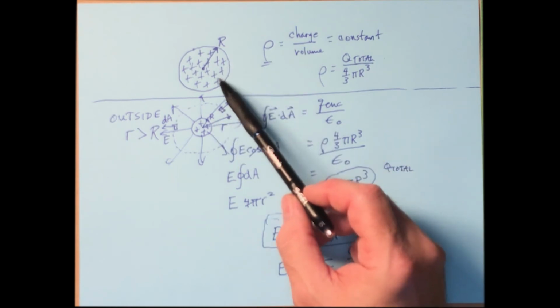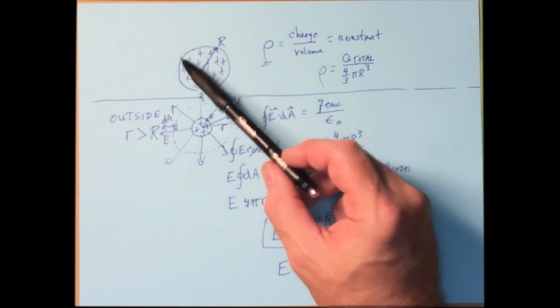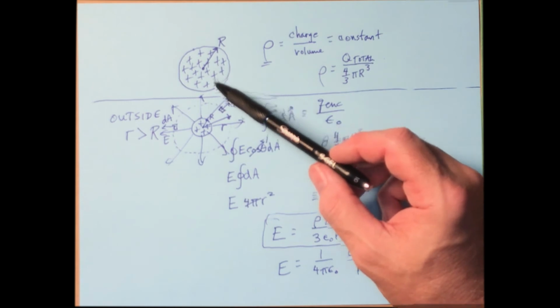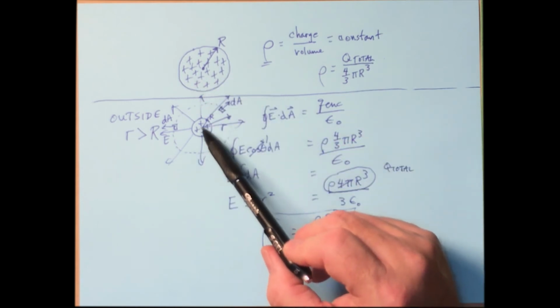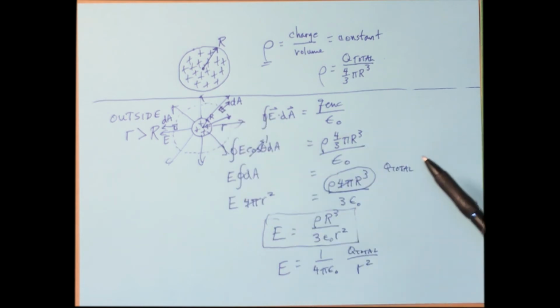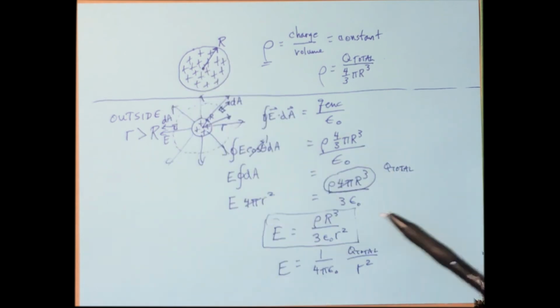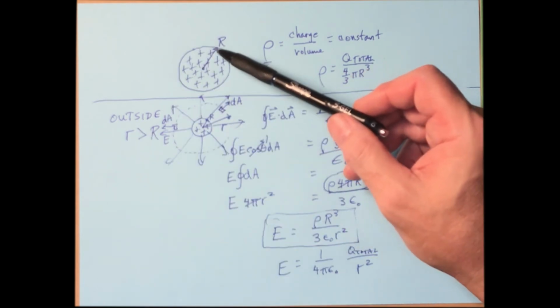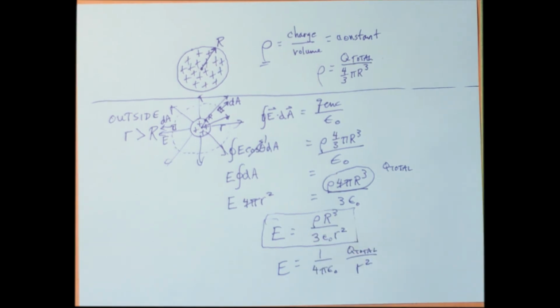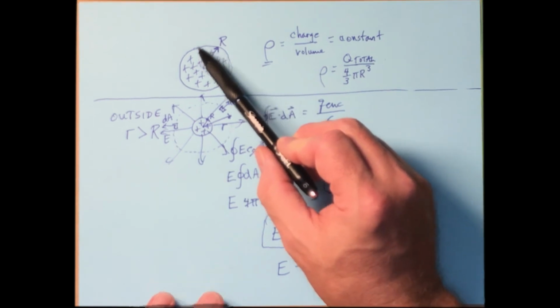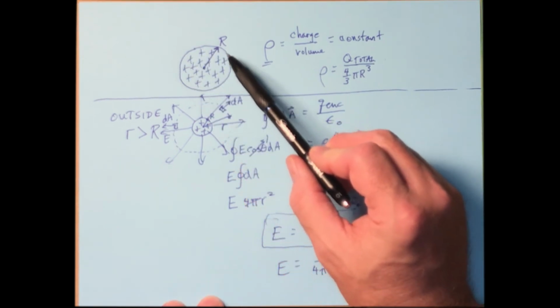So once again, this charge distribution, even though it's a volume charge distribution now and no longer a shell, still behaves as if it is a point charge as long as you are outside that radius big R. Now you might say, well, it's not really a shell, so why is that working? Well, this is like a series of shells.